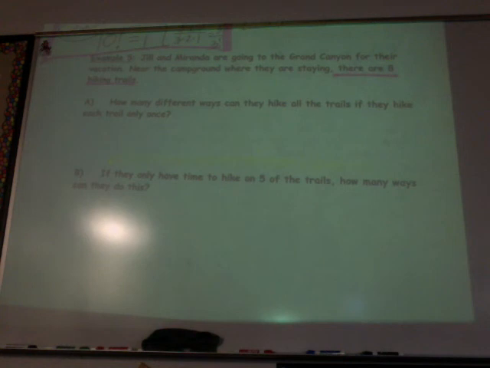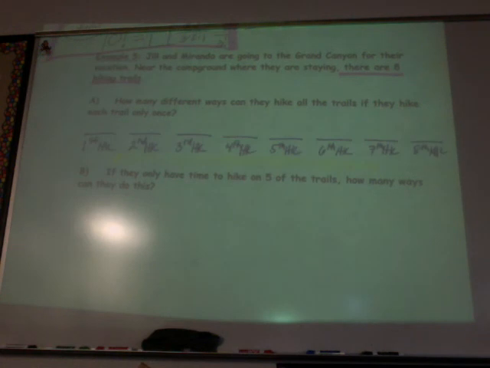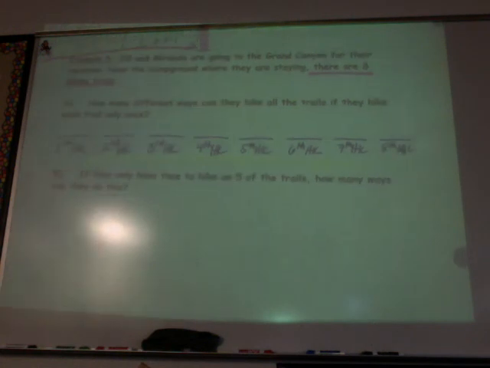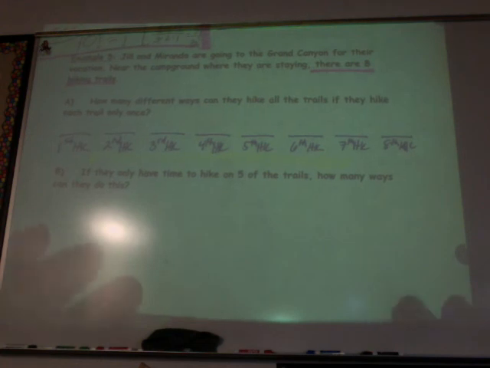Yes, it's not 216. Thank you for asking. What did you get? A lot of numbers. What number? Right, because how many choices do you have for your first hike?